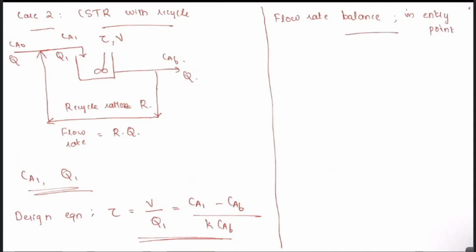So basically this part. This was Q, this was RQ, and this became Q1. So we are talking about this entry point.